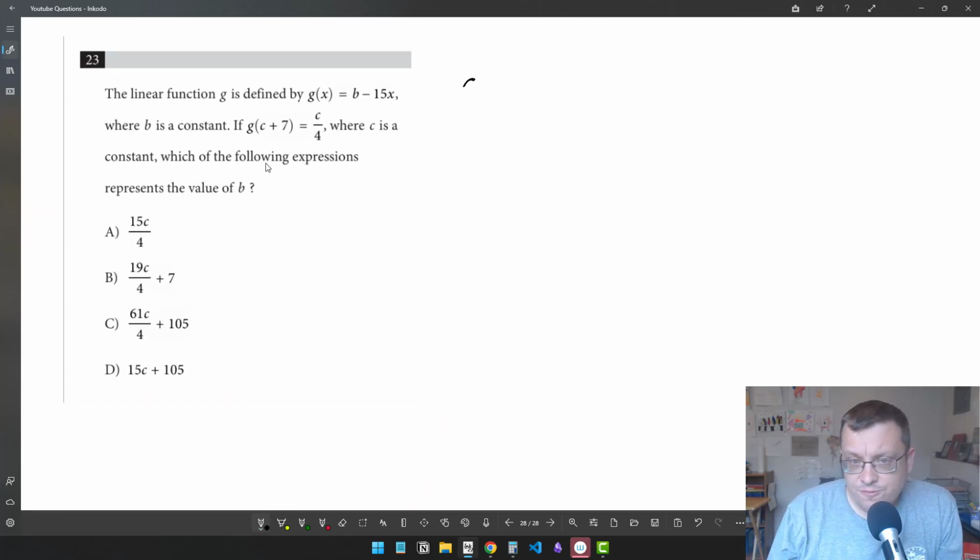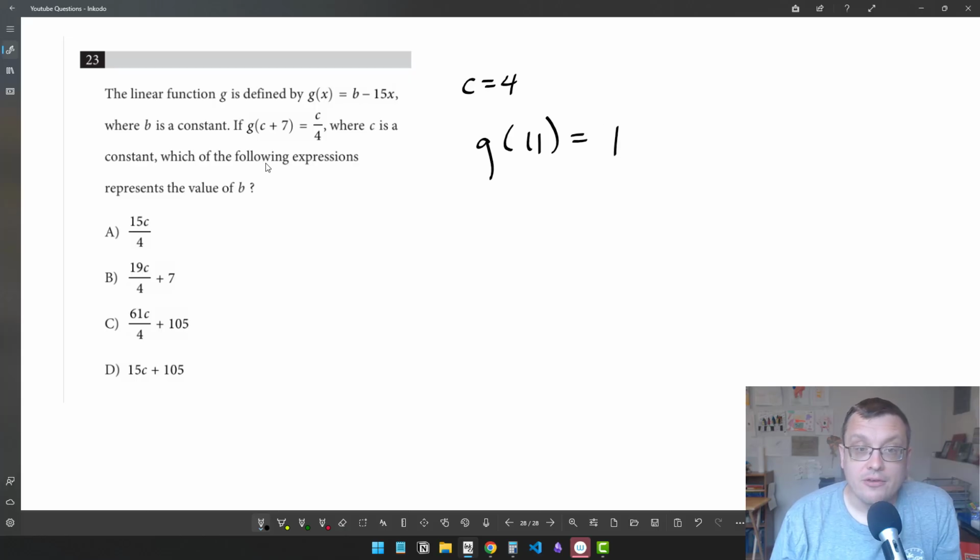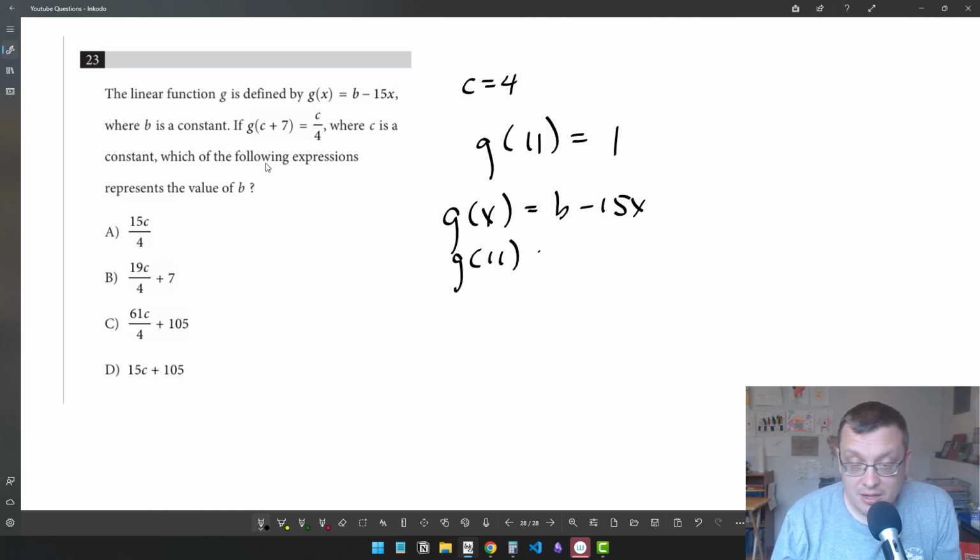If c is 4, then g of 11 would equal 4 over 4, or 1, when we plug in that value. So g of x is equal to b minus 15x. So g of 11 would be b minus 15 times 11, and this should equal 1.